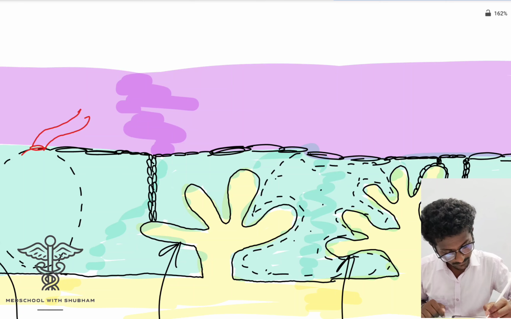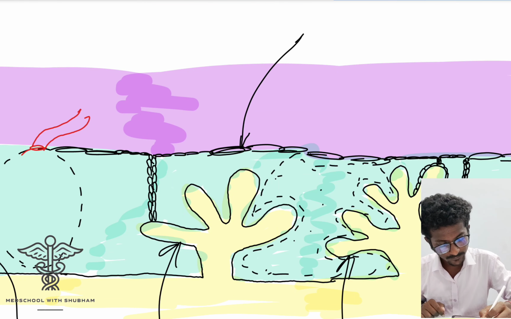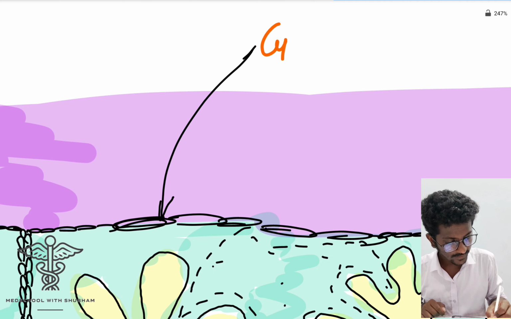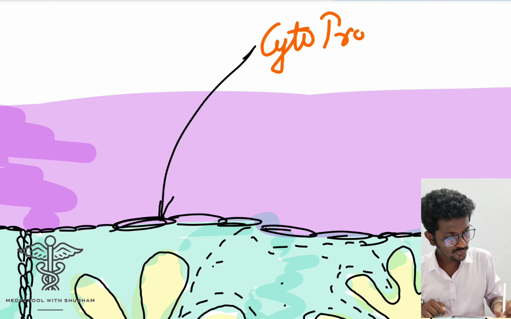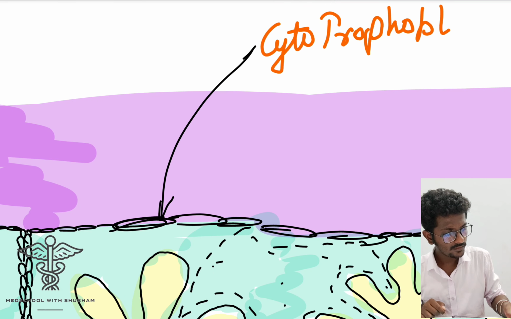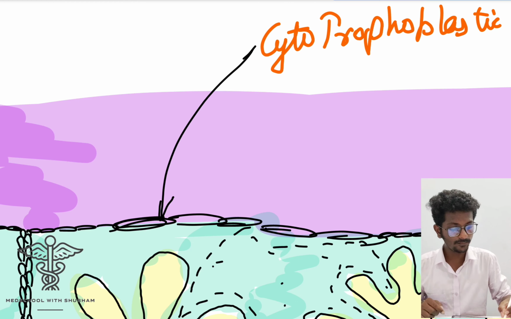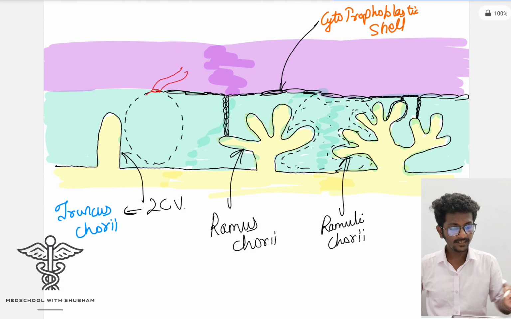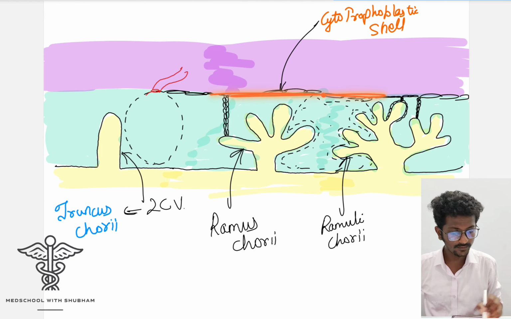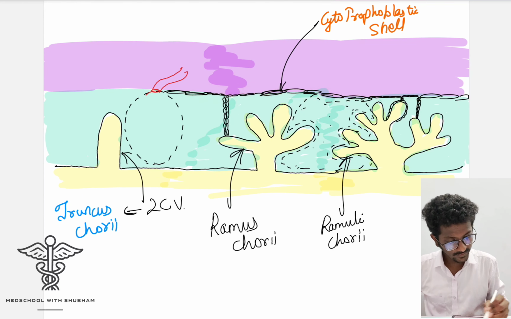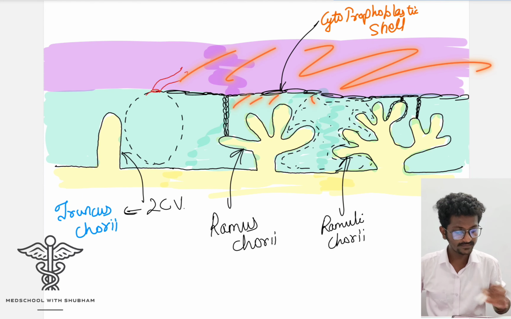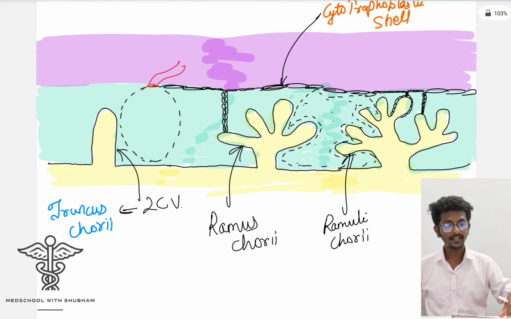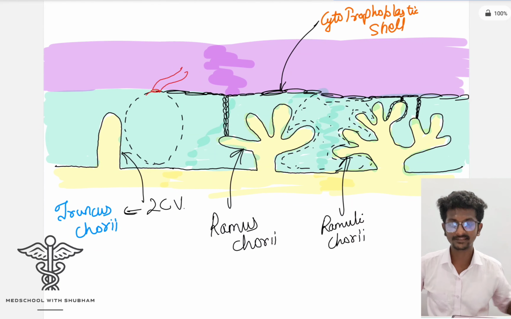Therefore, we can name this layer the cytotrophoblastic shell, because this shell is forming a barrier between the decidua basalis and the syncytial trophoblast. It is formed by the cytotrophoblast cells, therefore it is called the cytotrophoblastic shell.